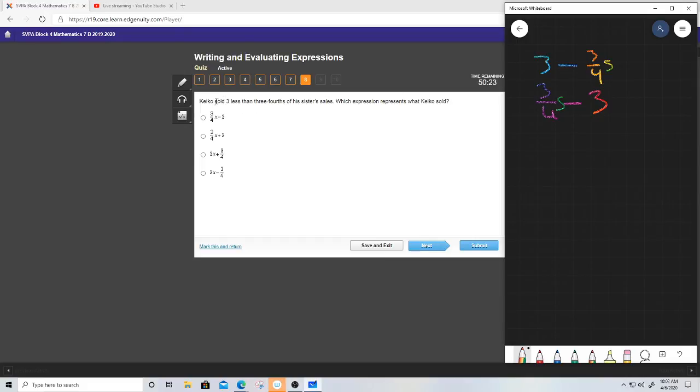Even though they mentioned it first, you have to listen to the words, and since Kiko sold 3 less than, we're actually going to go with this second option. Because you ask yourself, what did he sell 3 less than, and you need something to subtract from. Make sense? 3/4, and this word of means multiply. That's why we put that of his sister's sales, this S.